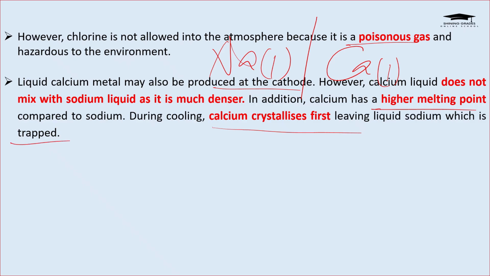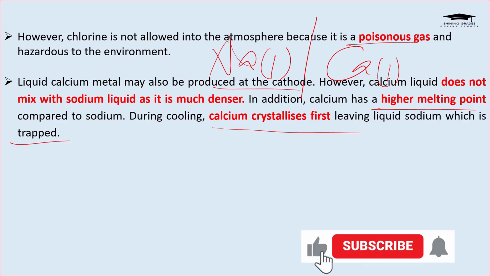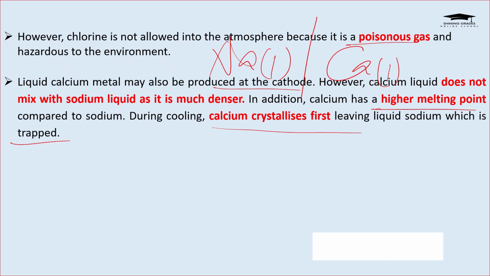So the main reasons why calcium is not also collected is that it is much denser than molten sodium and therefore settles at the bottom, and it has a higher melting point compared to liquid sodium. Therefore, it is able to crystallize fast compared to sodium, and therefore sodium is trapped instead of calcium.